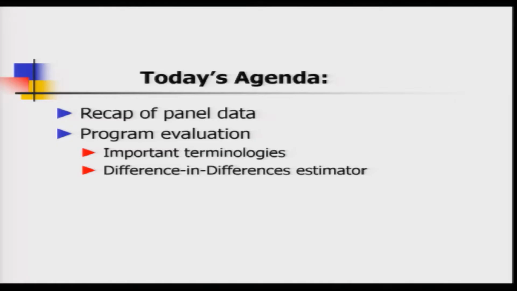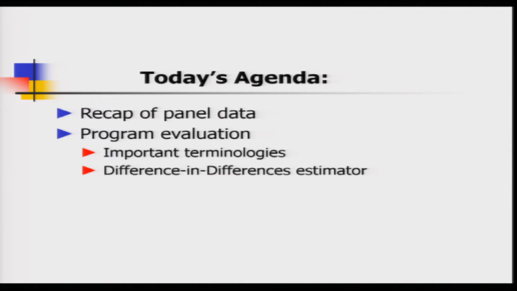Before we deal with formal models, let us have a look at today's agenda items. At the very beginning we are going to have a very brief 1 or 2 minutes of recap of panel data, because this is going to be used for program evaluation, and then we are going to move on to the basic concept of program evaluation.